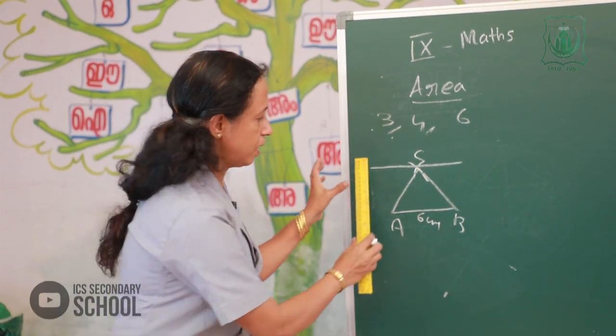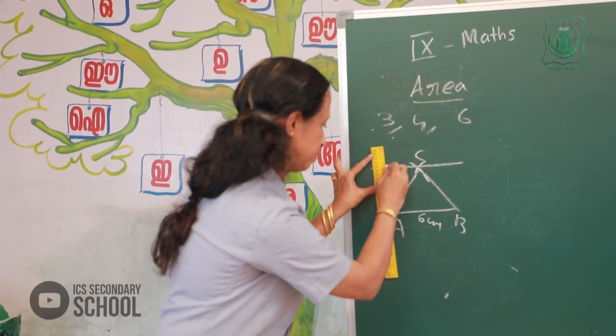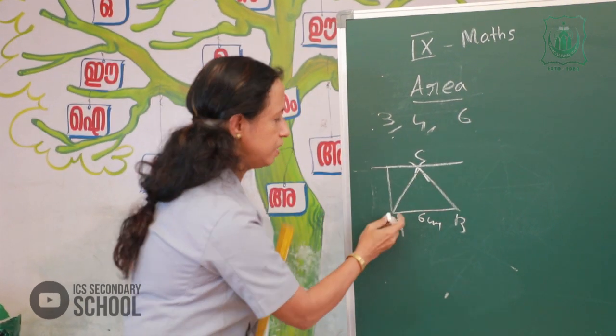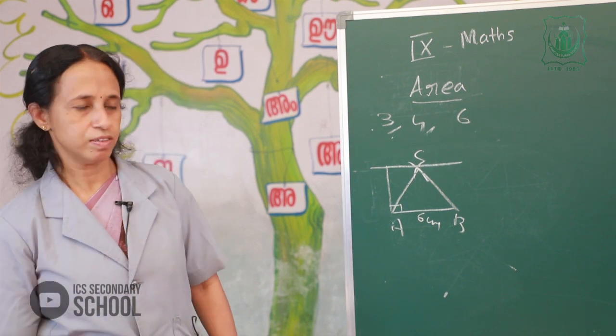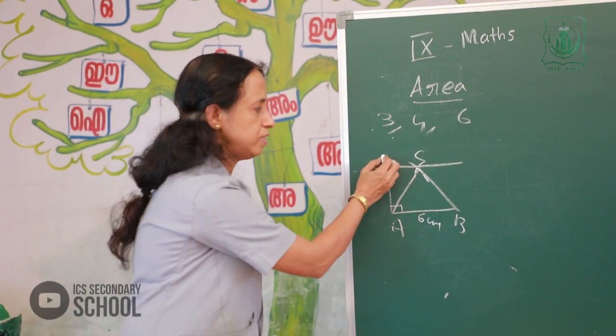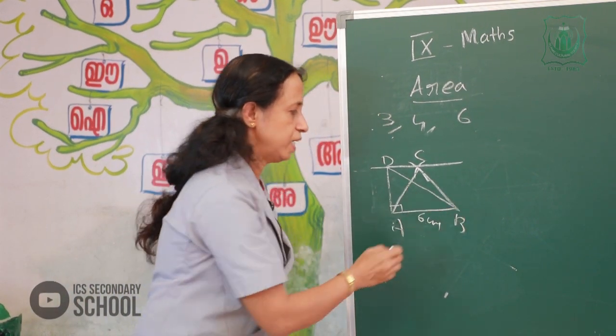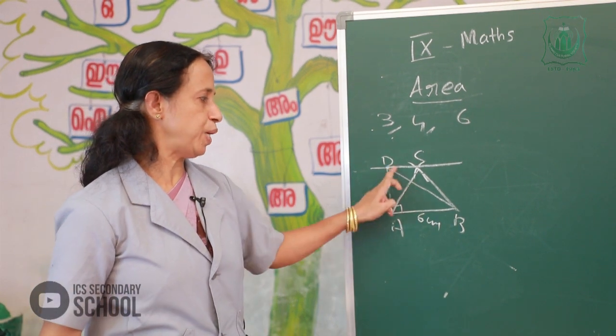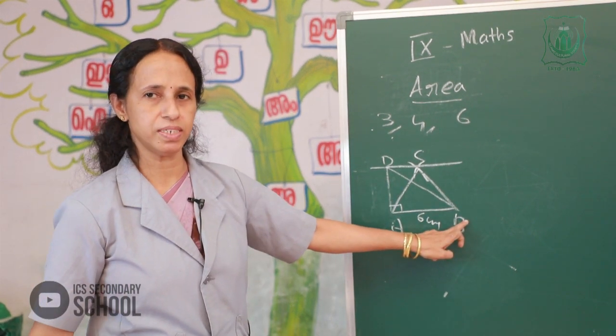Connect, this angle is 90 degrees. Join D to B. Triangle ADB is the required right triangle.